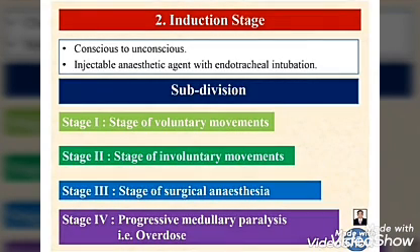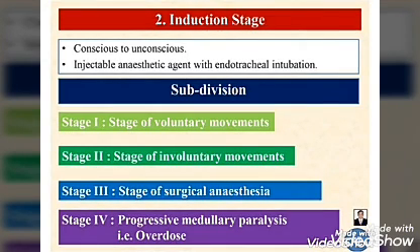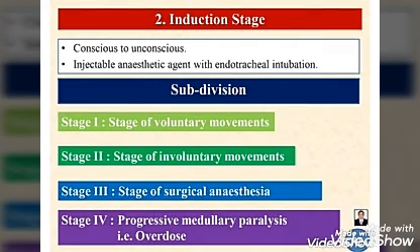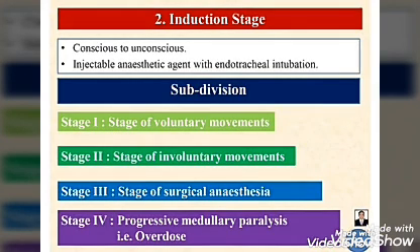This stage is again subdivided into four stages as described below: stage 1 is voluntary movement, stage 2 is involuntary movement, stage 3 is the stage of surgical anesthesia, and stage 4 is progressive medullary paralysis. That means if you give an overdose, the animal enters into overdose.